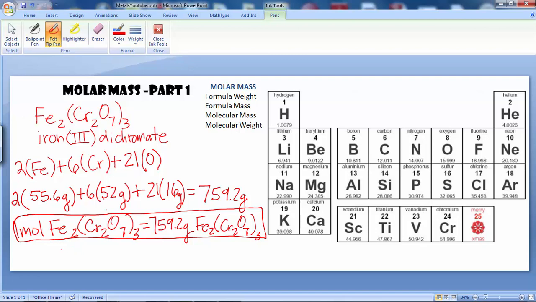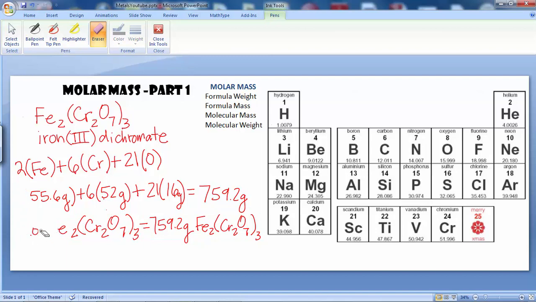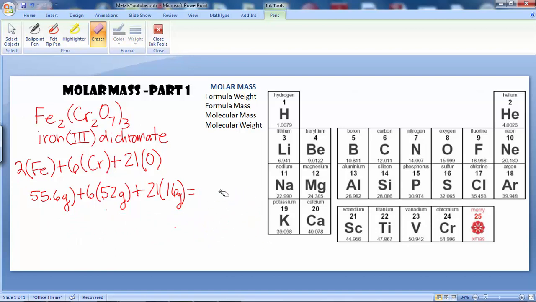Now, it's very important that we know how to calculate the molar mass, because in class we have already begun to do what?